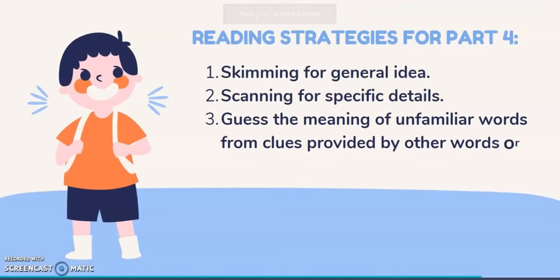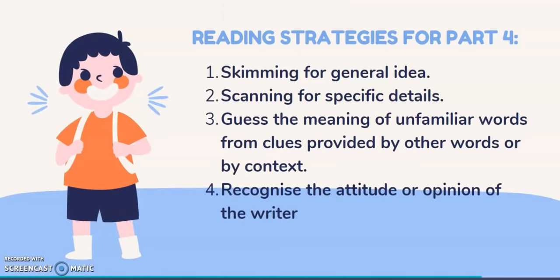In order to complete the task in this part, the reading skills you need are basically the same with the reading skills that we have just used in part 3 just now. In this task, you also need to skim through the text once to get a general idea of what this text is about. You also need to scan for specific details, and you also need to guess meaning from words.